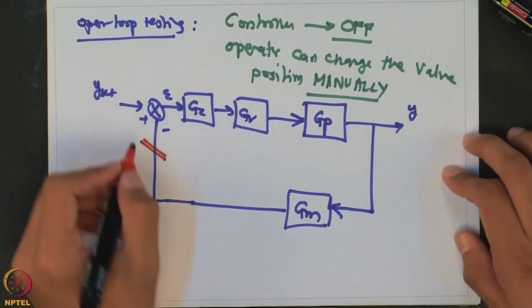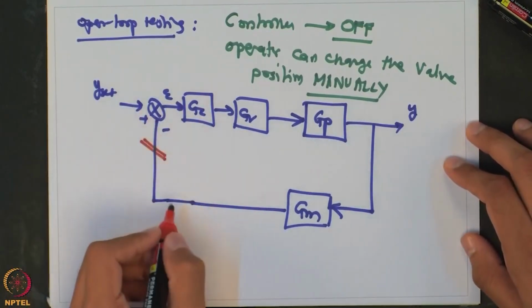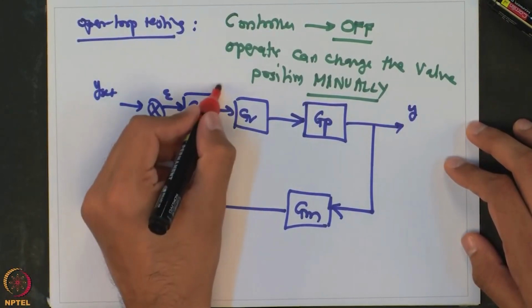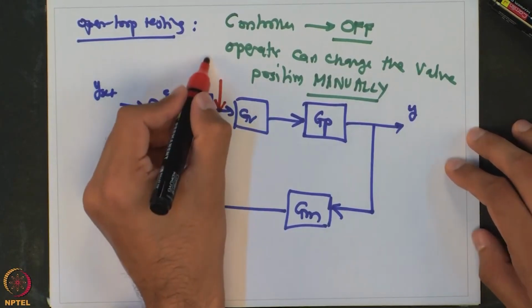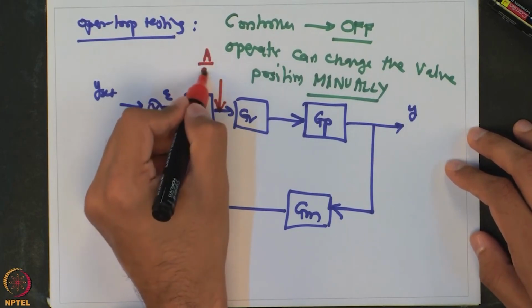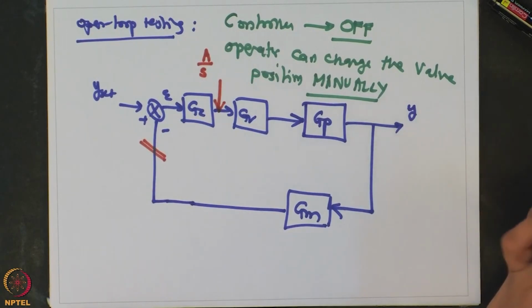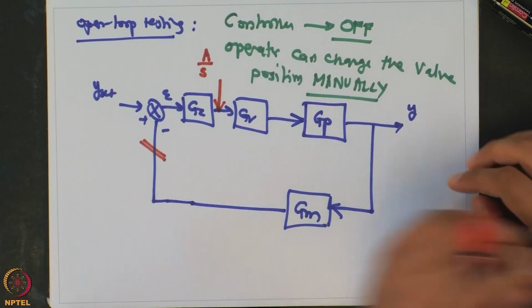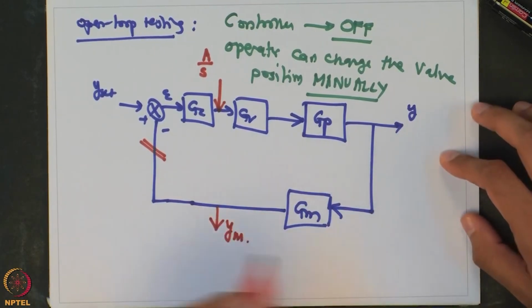So you no longer pass any feedback, and what you do is you give a step change, let us say a step change of magnitude A, into the valve opening. The operator would open the valve by a small fraction, and then observe what you get as the measured output.